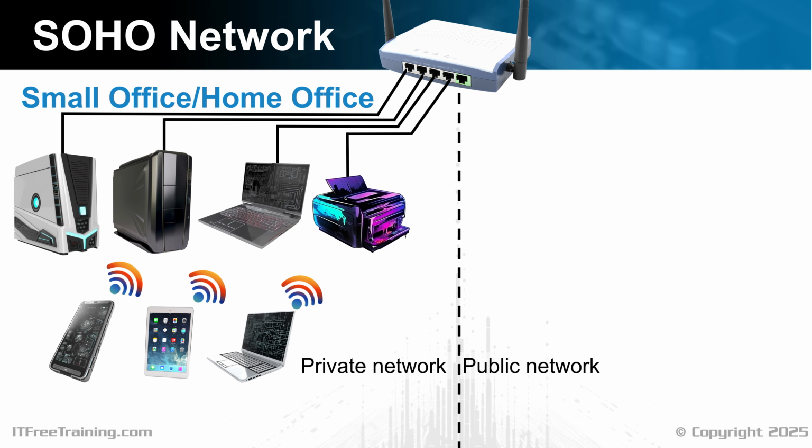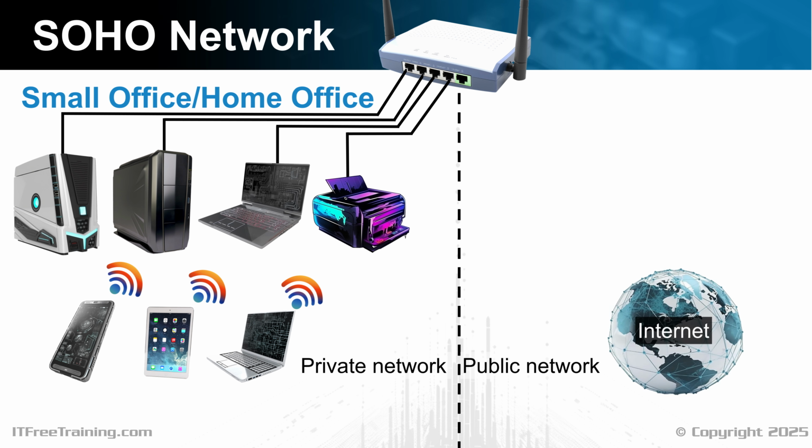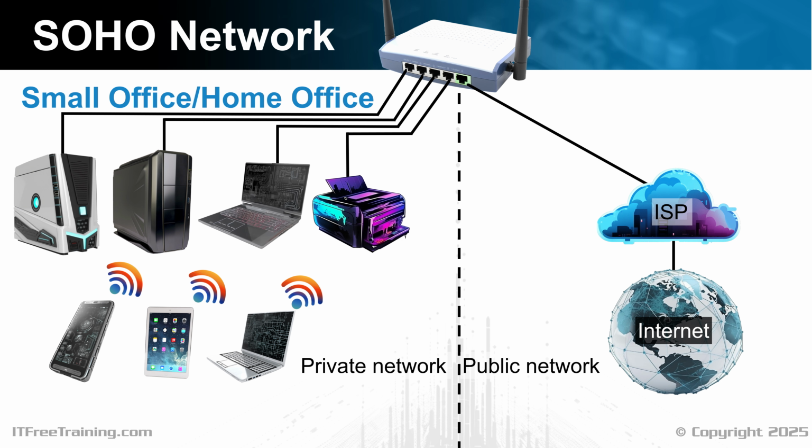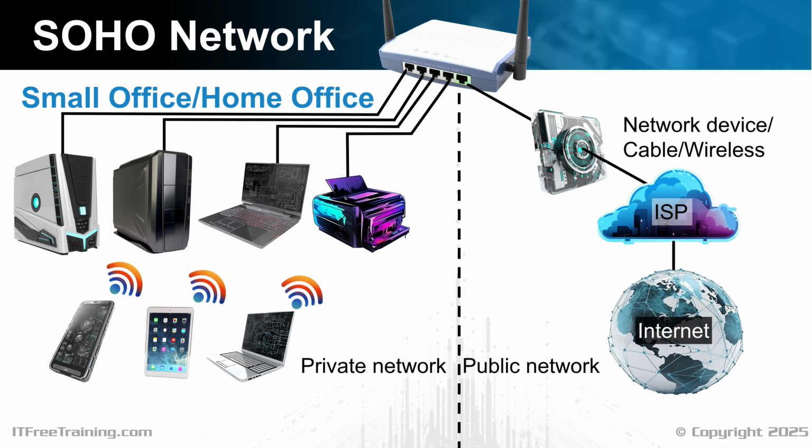To access the Internet, the network will need a connection to the ISP. For the rest of this video, I will be looking at this connection to the Internet. In some cases, there will be a direct connection to your telecommunication provider. In a lot of other cases, a network device will be used to connect to the telecommunication provider. How you connect to the Internet will determine what device you need.